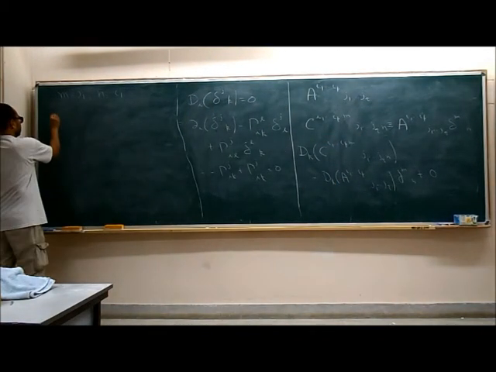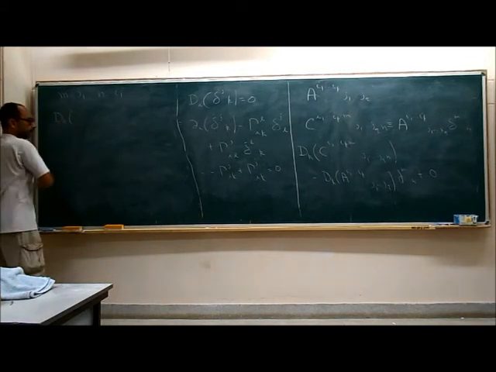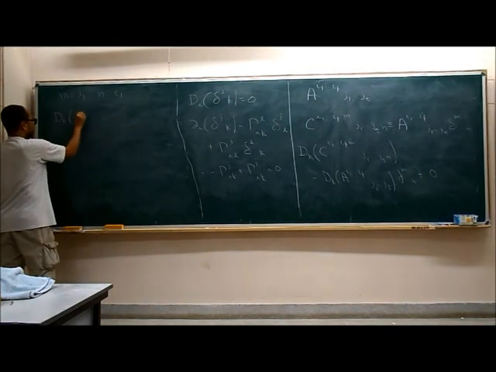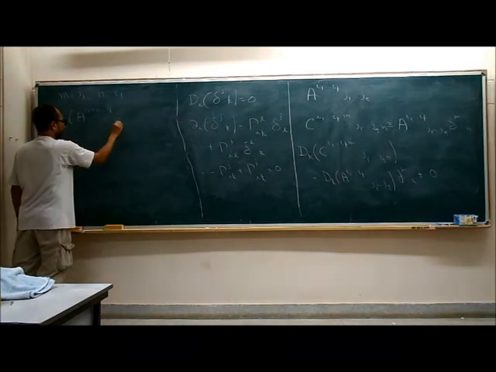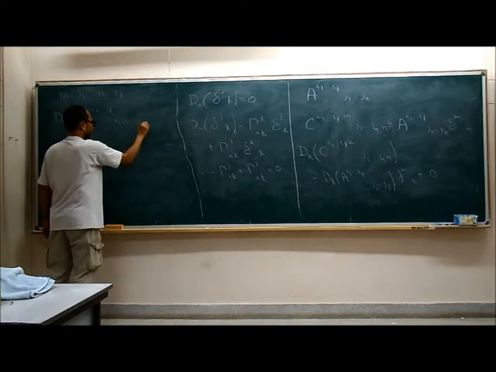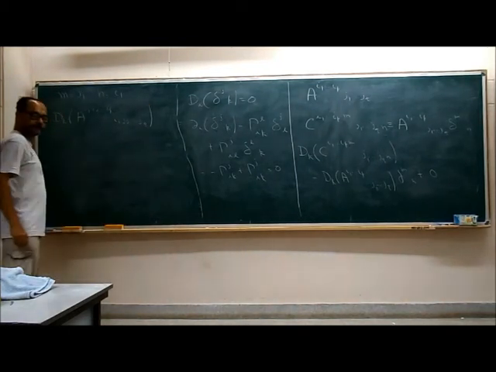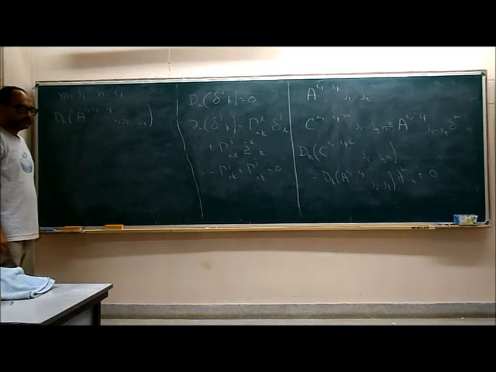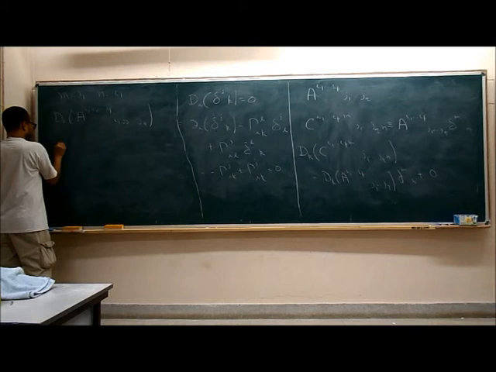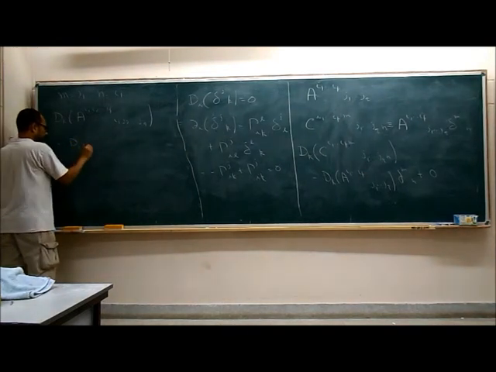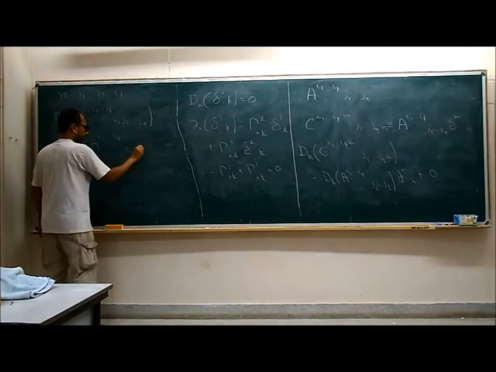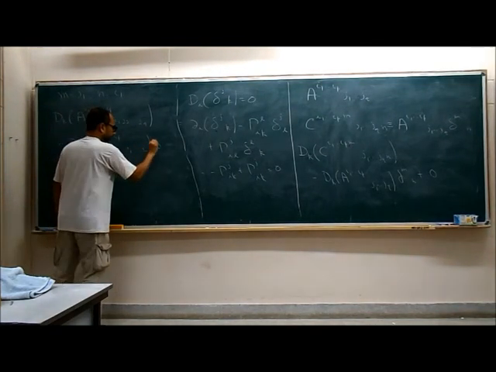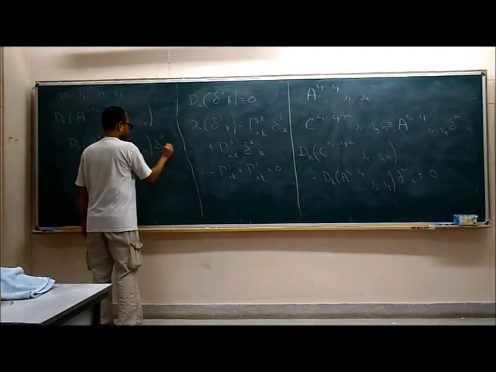So we get ∇_k of A^{i1 i2...ip}_{i1 j2...jq}. This is equal to ∇_k of A^{i1...ip}_{j1...jq} δ^{j1}_{i1}.